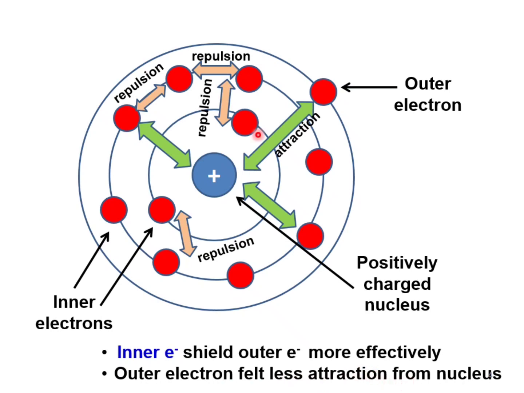So tarikan nukleus terhadap this outer electron agak lemah because of the shielding effect just now. So lagi banyak petala, dia akan increasekan shielding effect. Boleh nampak? Okay, lagi banyak petala, it will increase the shielding effect. So the attraction between nucleus and outer electron becomes weaker.